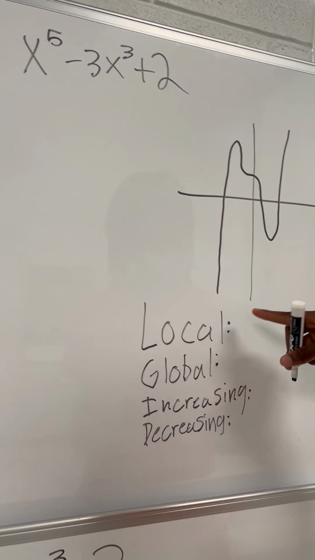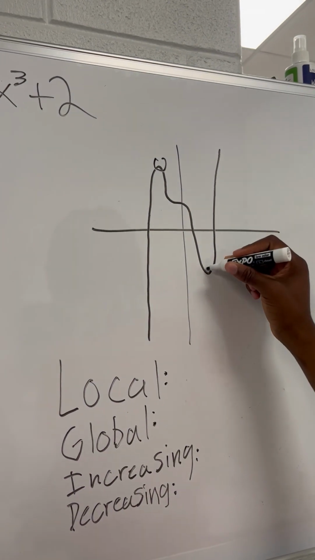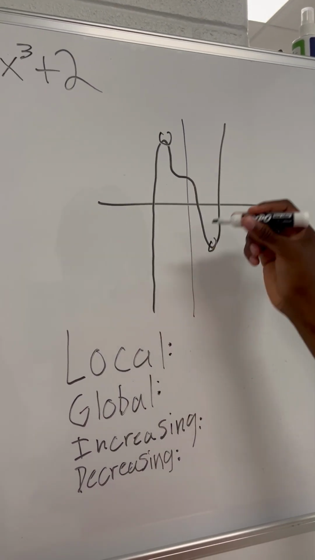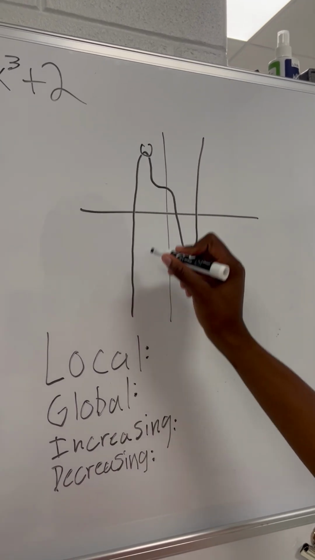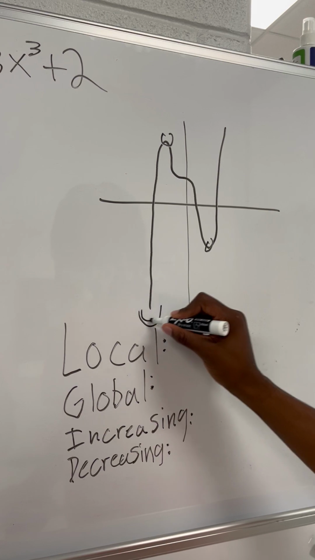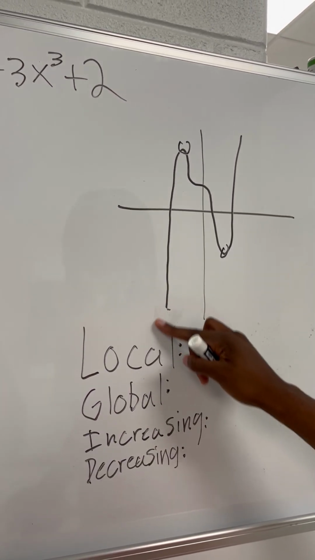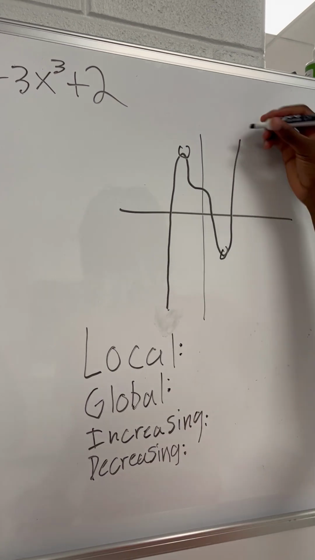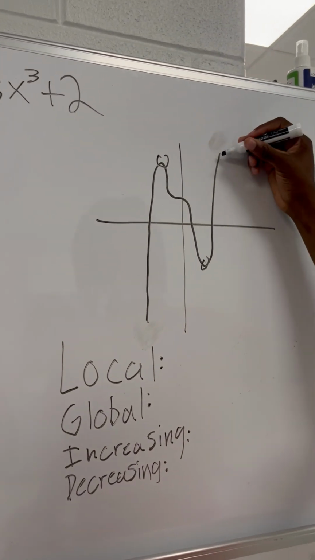Now remember, your local is just going to be these and these. Your global would be the absolute lowest or highest point. So for example, if it were to come like this and come to a stopping point, this would be our global right there. But we don't have one, so there's no minimum global and no maximum global because it goes to infinity.